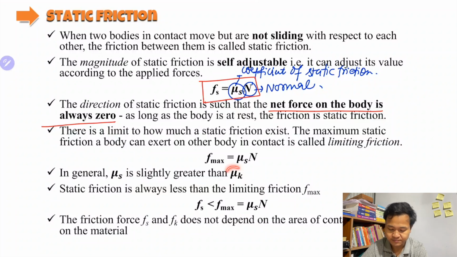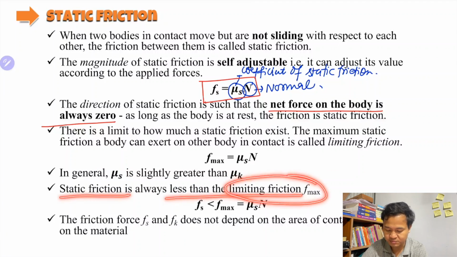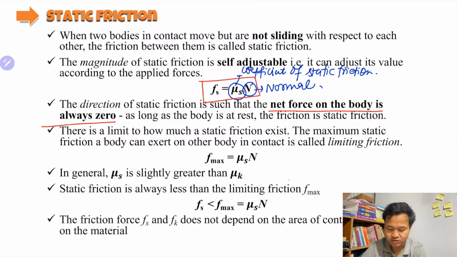So mu k is lesser than mu s. Static friction is always less than limiting friction, as limiting friction is the maximum value of static friction.